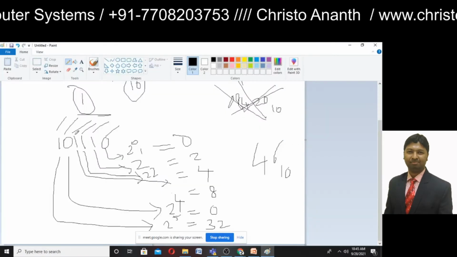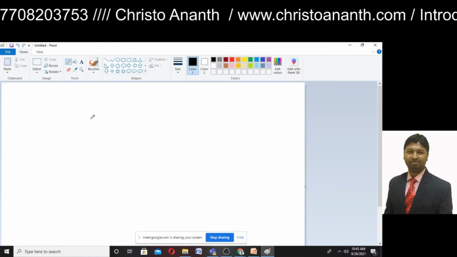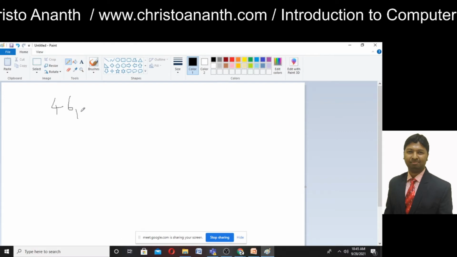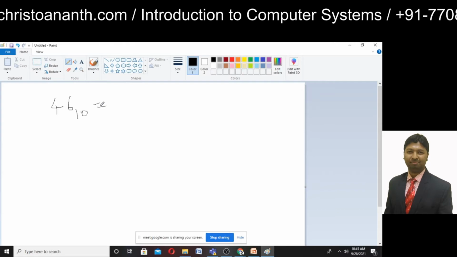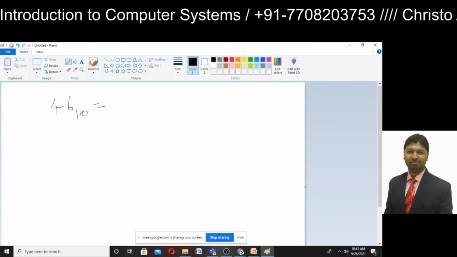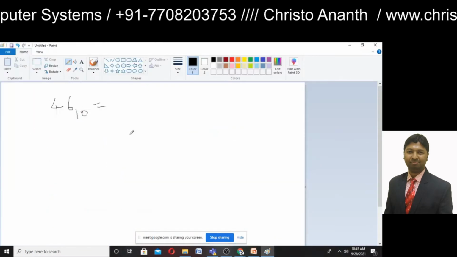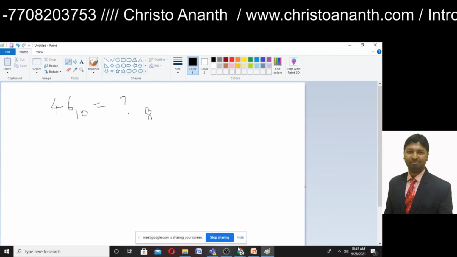Now what you have to do is forget this one. No problem. It's good to make mistakes. Okay, 46 to the base 10 equals what to the base 8?